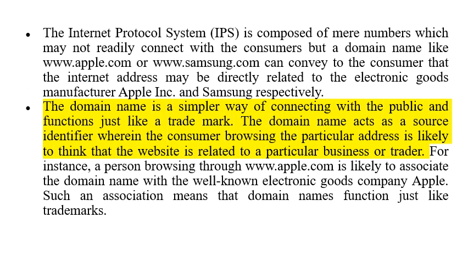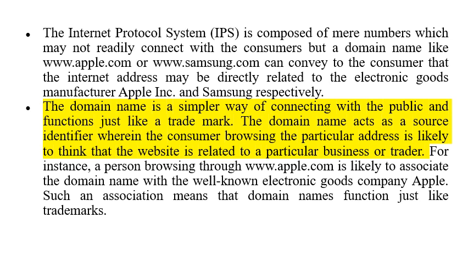The internet protocol system, the IP addresses that were there before, right? So those IP addresses were composed of mere numbers, right? So these mere numbers could not really readily connect with the consumers, but when domain names were there, domain names actually facilitated that purpose, like that of www.apple.com or samsung.com, and for example tata.com as well.